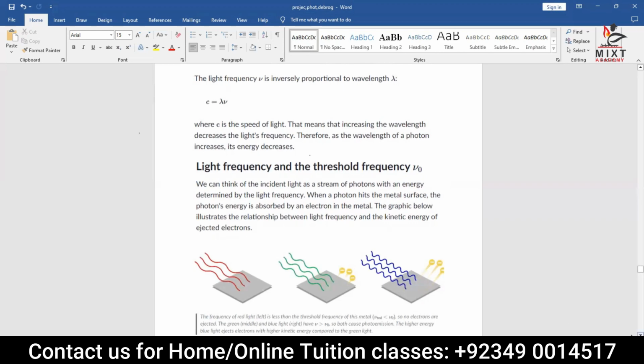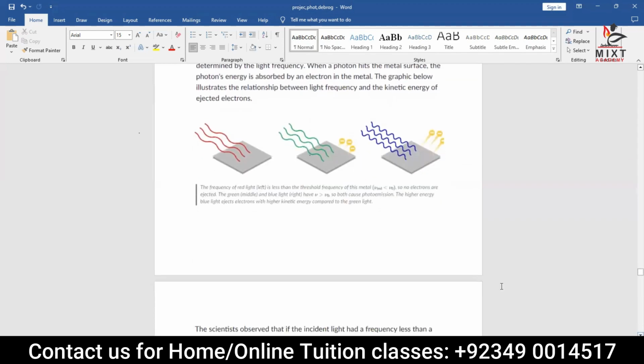Now, why are the different light sources shown? Each light source provides a different energy to the electrons. So the kinetic energy of the ejected electron will be different for different light sources. For red light it will be different, for green light it will be different, for blue light it will be different, right?